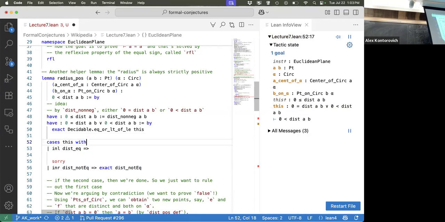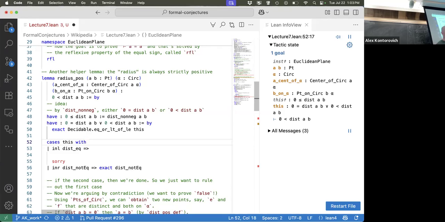And then inl versus inr. I don't know what the in stands for, but l is the left-hand side and r is the right-hand side. In the left case and in the right case. The purpose of it is it's just breaking apart so we can read easily.